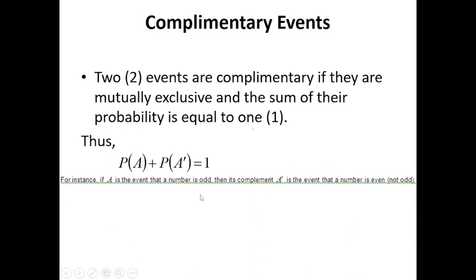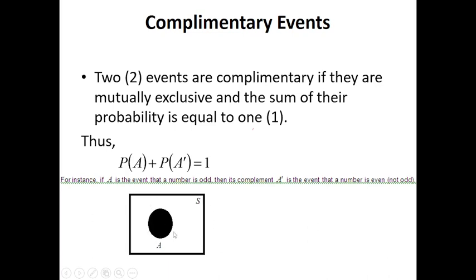Ayun, ganun lang siya. Kung yung A natin ay yung event na the number is odd, pag kinuha mo yung complement nun, yung A prime, that is the event that the number is not odd. Ano pag sinabing not odd? Automatic even. Okay? So here's the example.